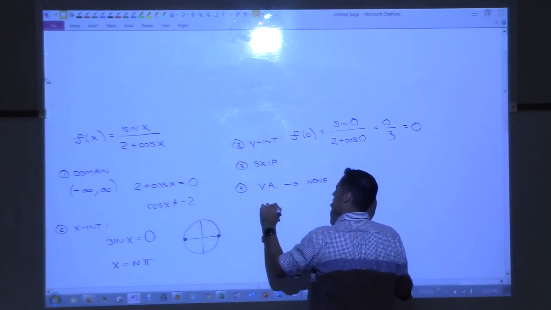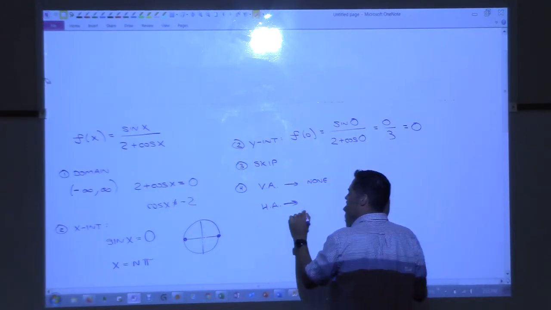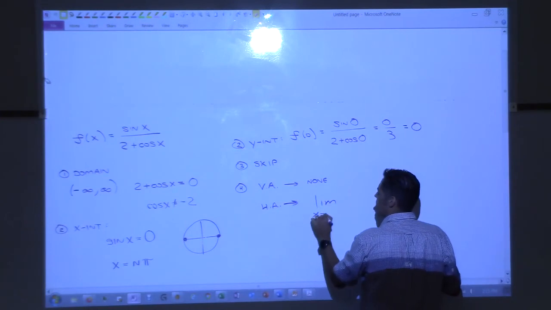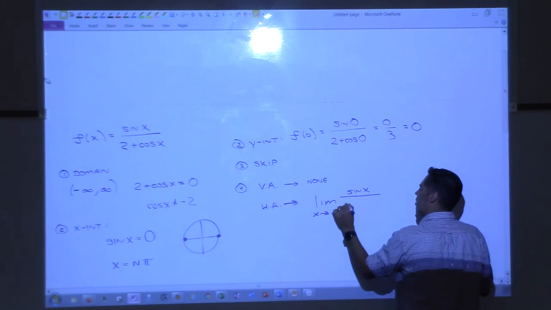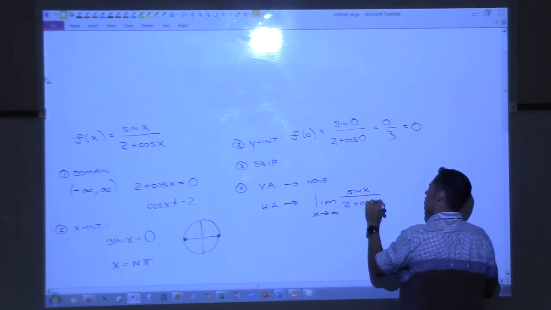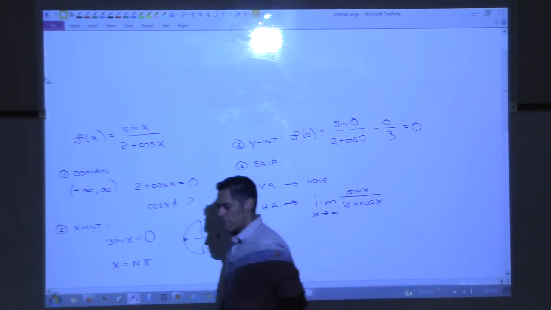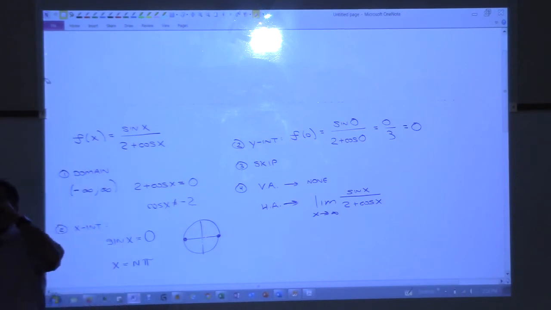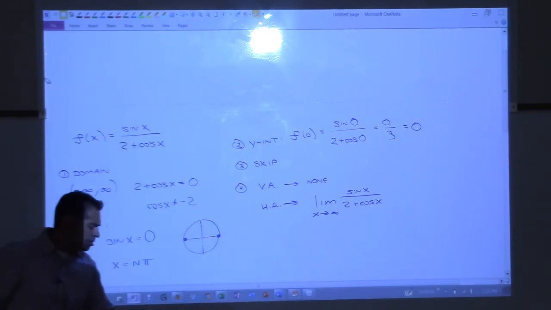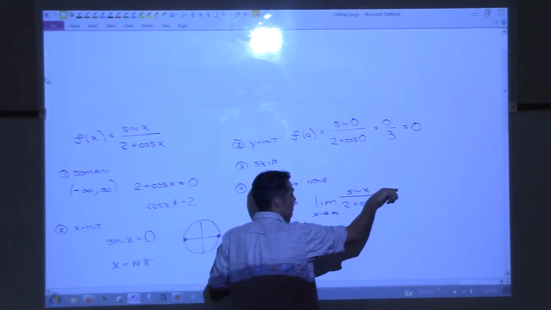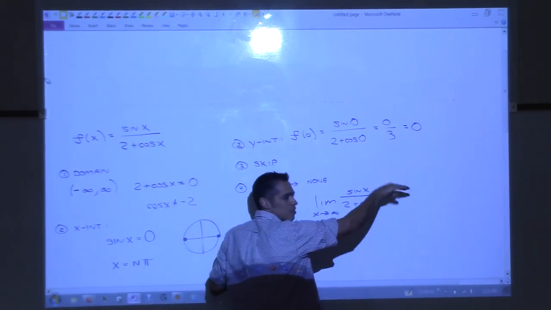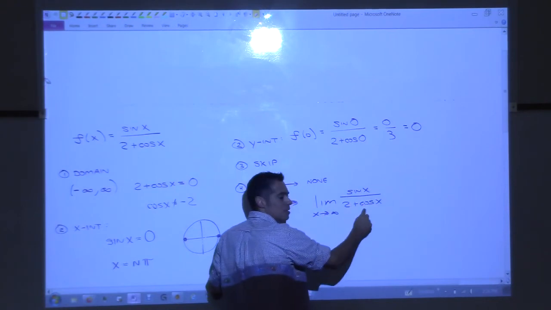But horizontal. Got to look at two limits. Limit as x goes to infinity of sine x over 2 plus cosine x. This one's a little bit tricky. If you let x go to infinity, where does your numerator go? It's just oscillating, and so is the denominator.